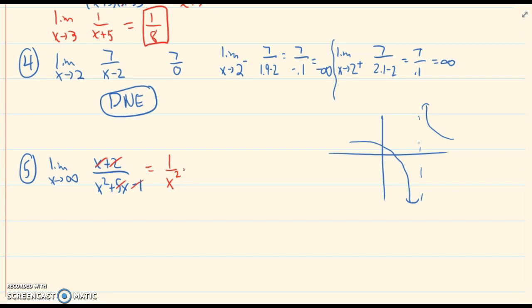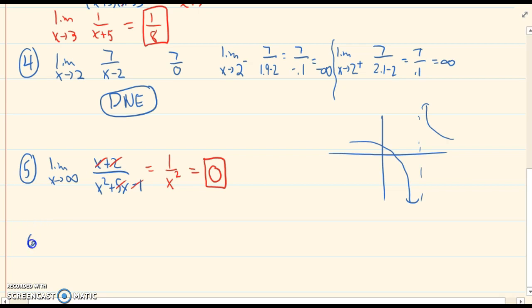That's what the function is going to act like when I go towards infinity as an input. So if I take 1 and I divide it by infinity squared, still infinity. 1 divided by infinity would give me 0. Any number divided by infinity gives you 0.